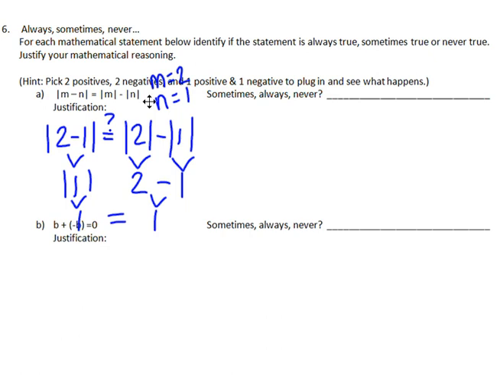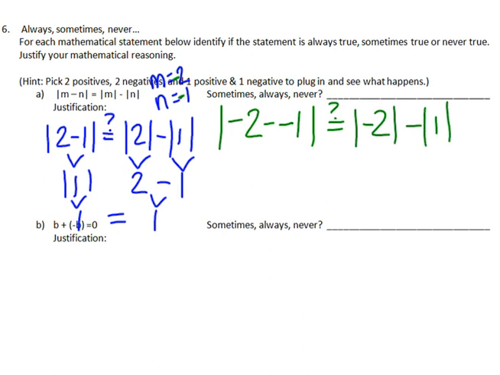Okay, let's try two negative numbers. So this time we'll do m is negative 2 and n is negative 1. So we'll do negative 2 minus negative 1, and see, is that equal to the absolute value of 2 minus the absolute value of 1?